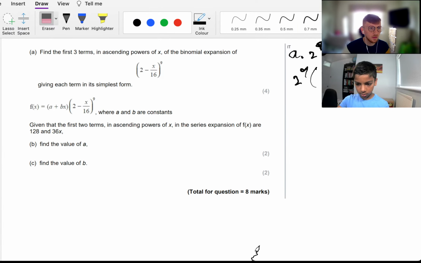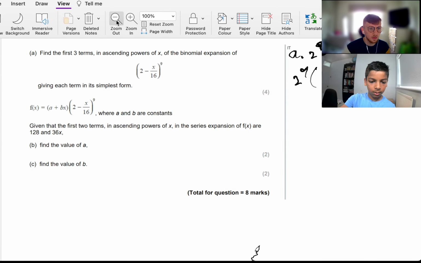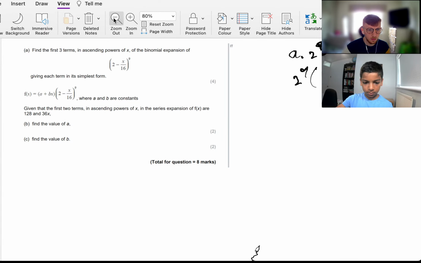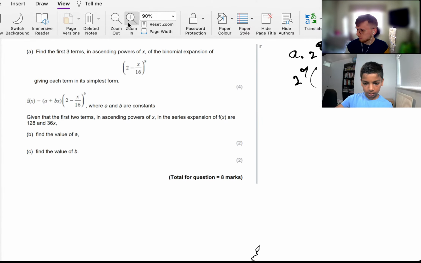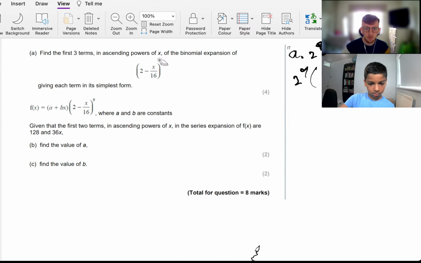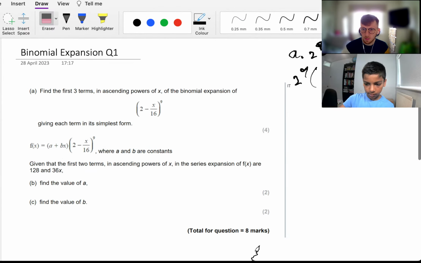Okay, so then I'm just going to zoom out a bit. Still not. That didn't work. Anyway, maybe just do it underneath rather than to the right.